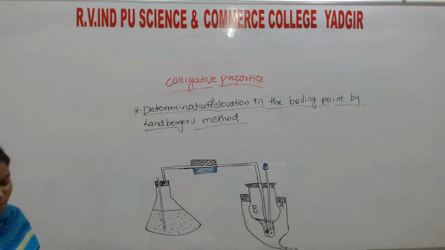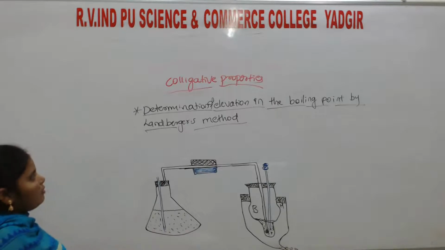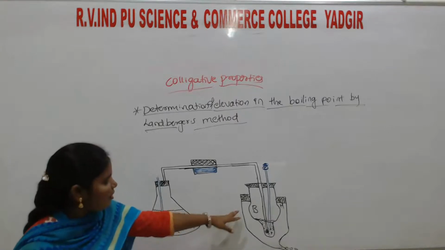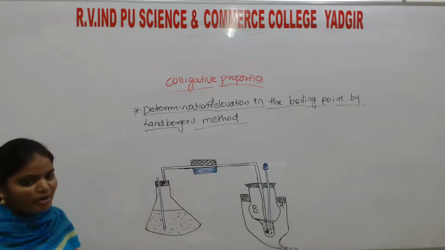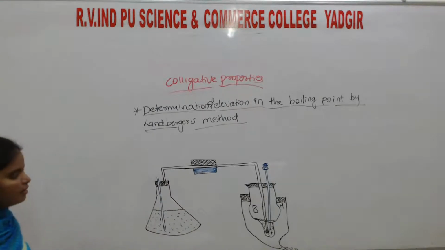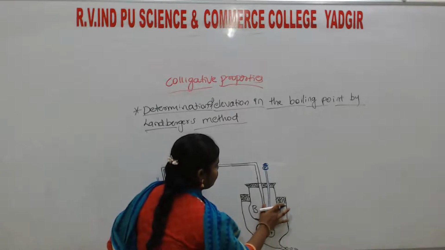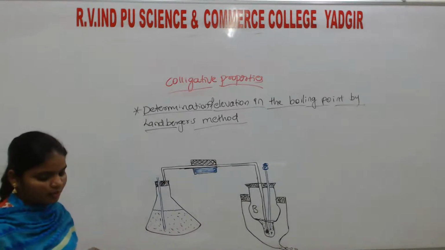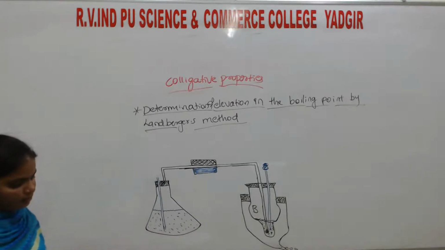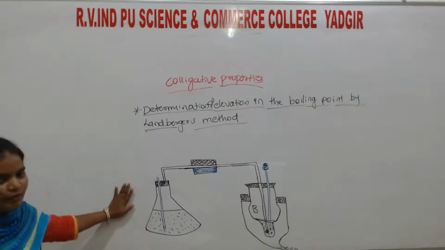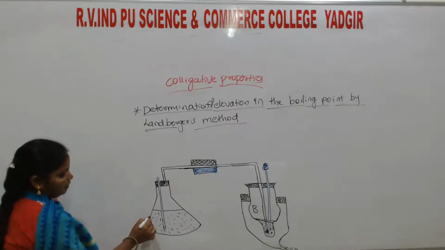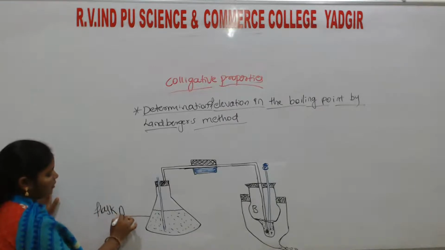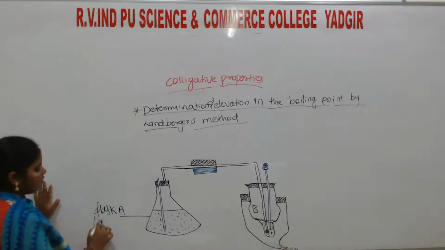Okay, this is the diagram for the determination of elevation in the boiling point by Landsberger's method. You draw this diagram neatly; I am drawing it roughly. This is a flask, flask A, which contains salt.